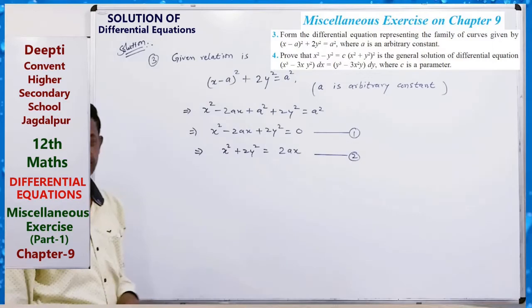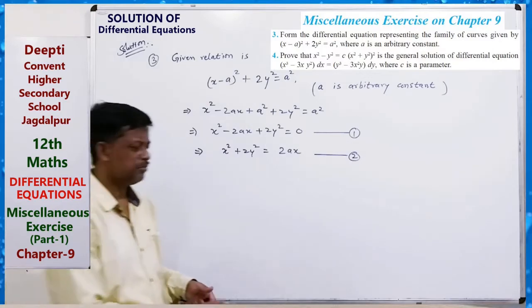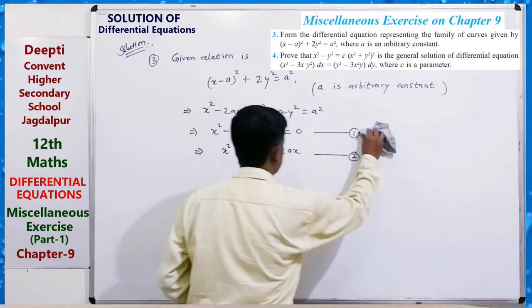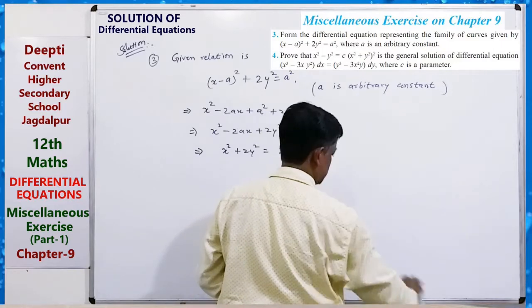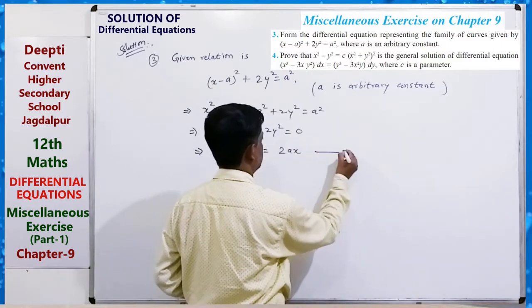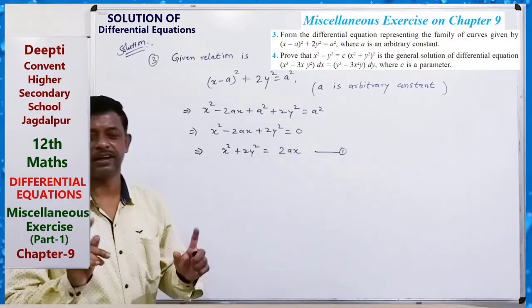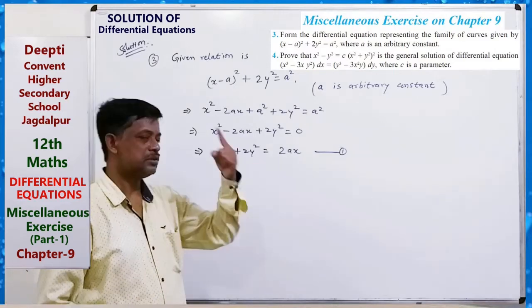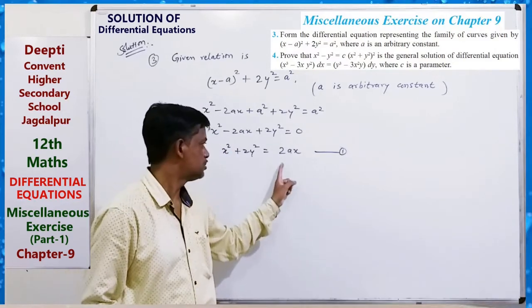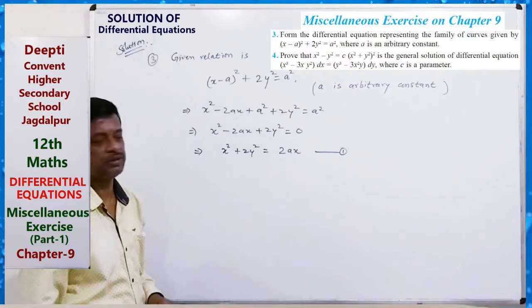Now our target is what? There is a single arbitrary constant, so we differentiate one time with respect to x.